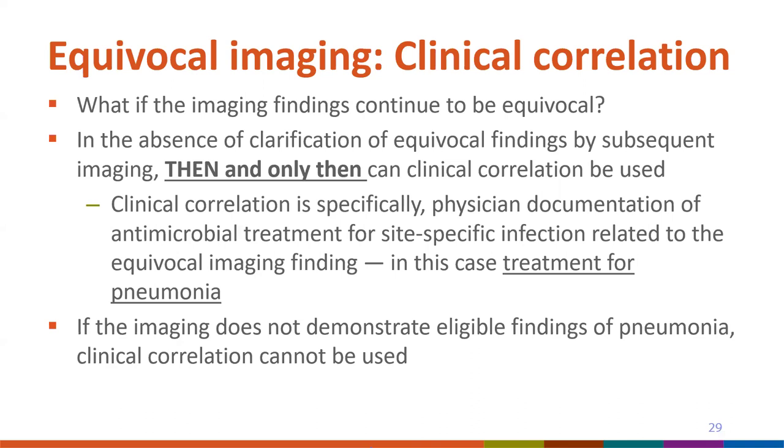For new events, clinical correlation is specifically physician documentation of antimicrobial treatment for pneumonia. It is important to note that if the imaging findings are not eligible, the imaging requirement cannot be met even if there is clinical correlation. Clinical correlation can only be used with equivocal imaging.